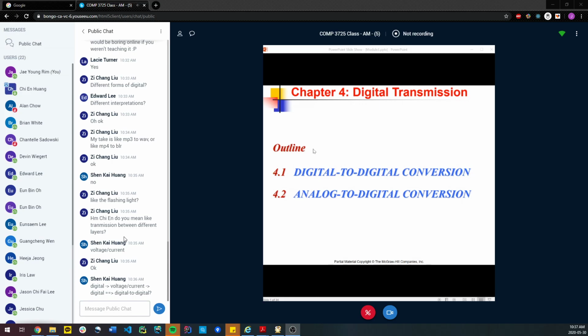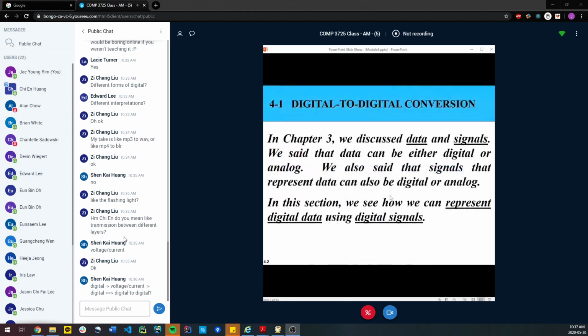So let's take a look at why we actually do this in terms of digital to digital. Before I do that, I want to reaffirm, along the lines of what Shen Kai is asking, the difference between data and signals. Remember, the data is the information content, and the information content could be in a digital form or an analog form.